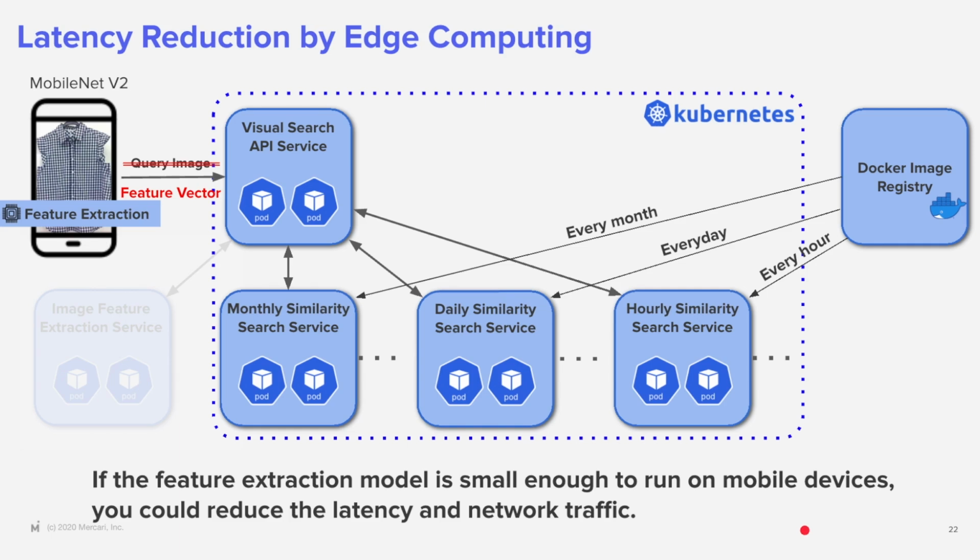Since we have a plan to put the model on the client app, we use MobileNet. After we make sure that the model is stable enough and performs well, it will run on the client app. After the update, the client app will send feature vectors rather than query images.